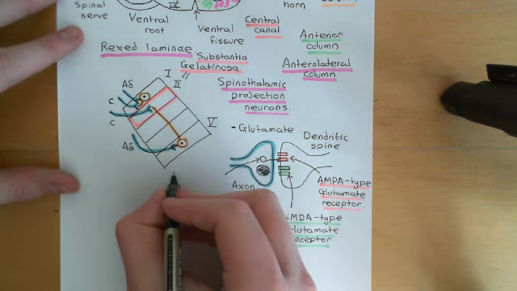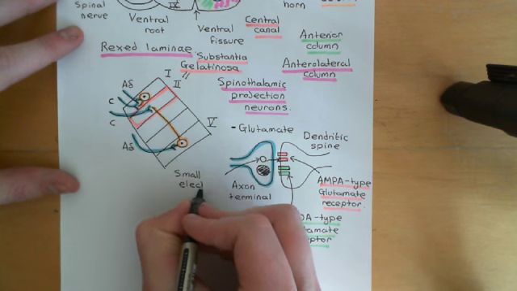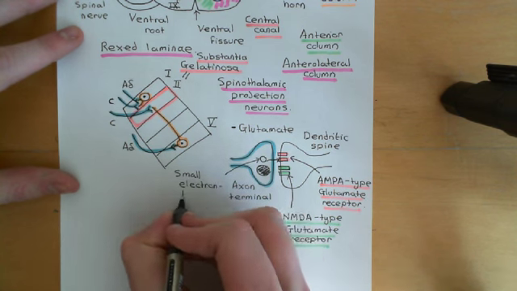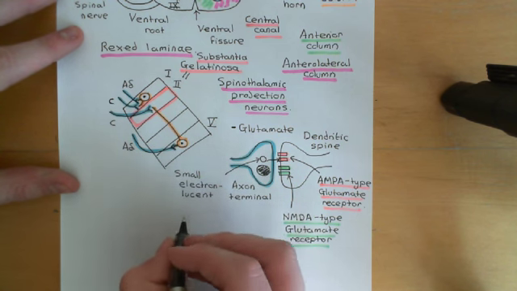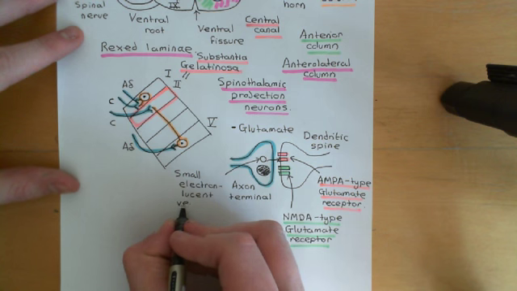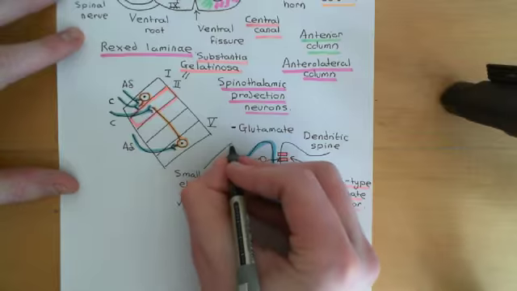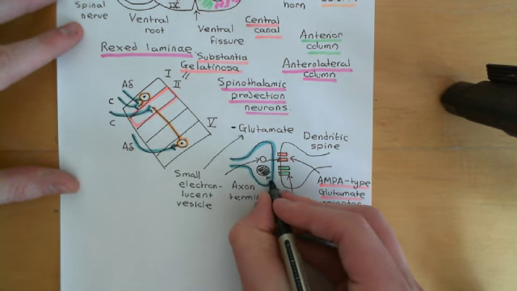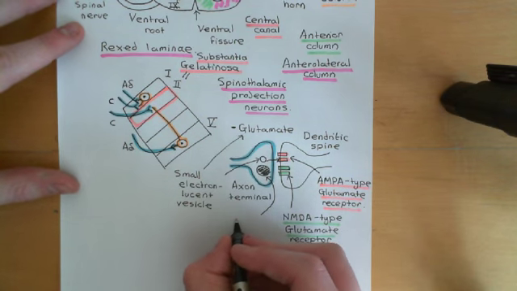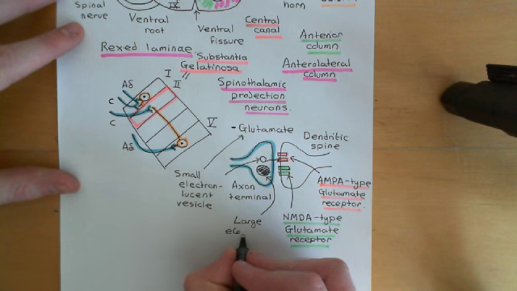So this one here is a small electron-lucent vesicle, which means that on the electron micrograph it looks very clear. These small electron-lucent vesicles are the vesicles which contain the neurotransmitter glutamate. But there are also these much bigger vesicles which are very electron dense and therefore appear very dark. So this is a large electron dense vesicle.